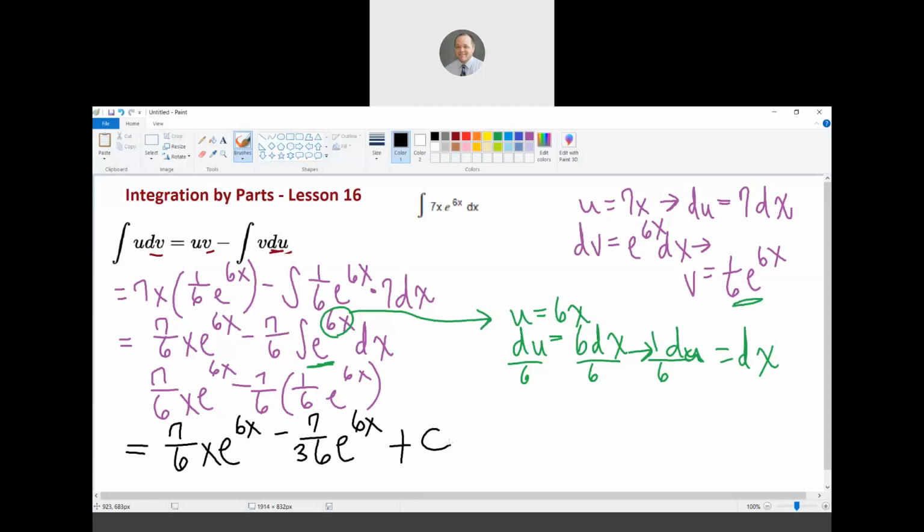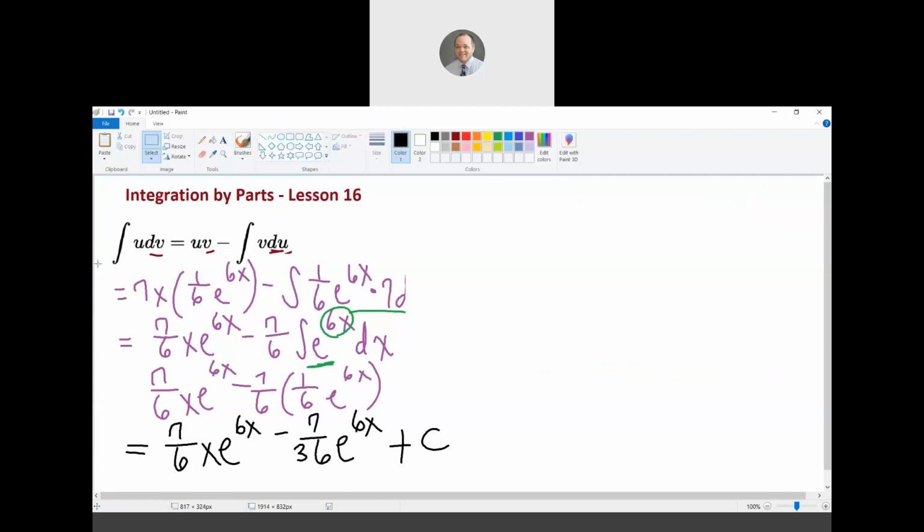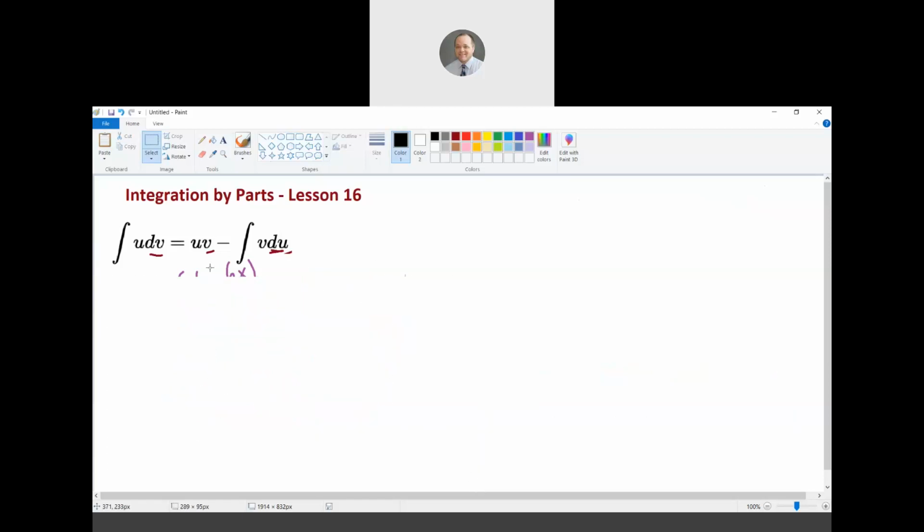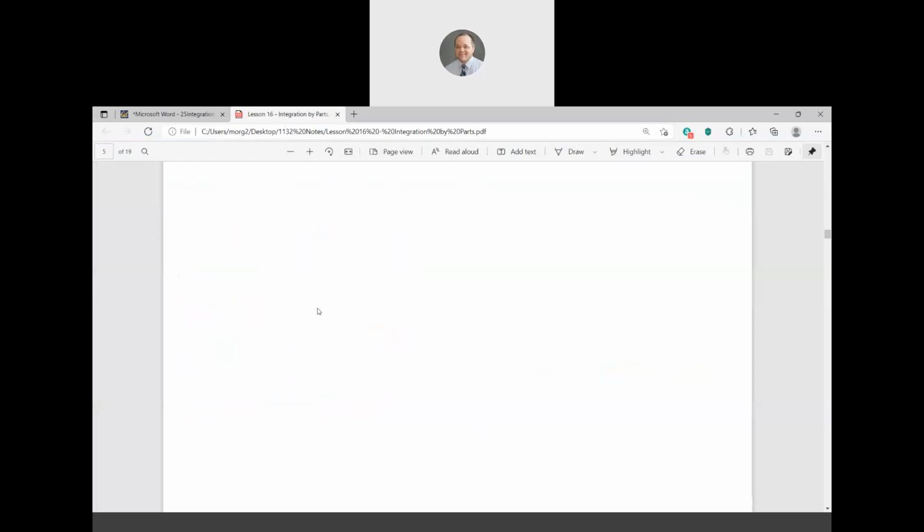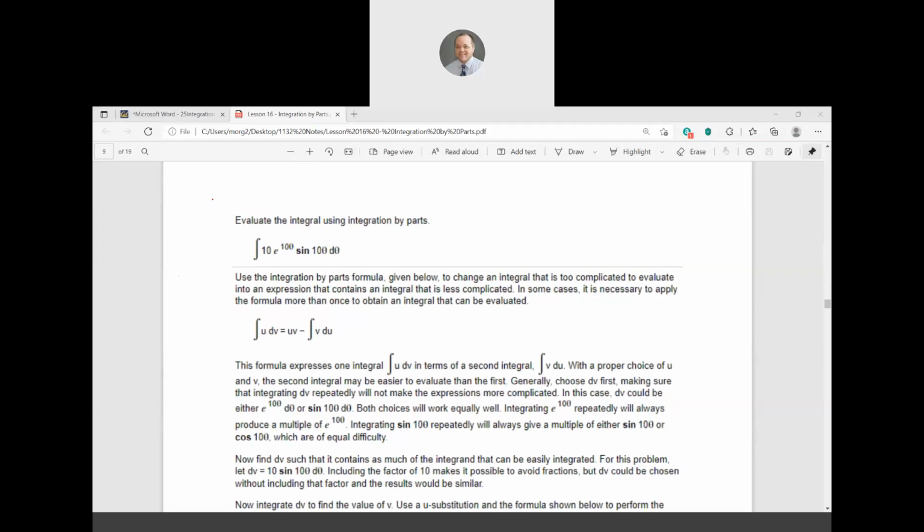Let's look at another problem that involves a trig function. All right, let's try this one.